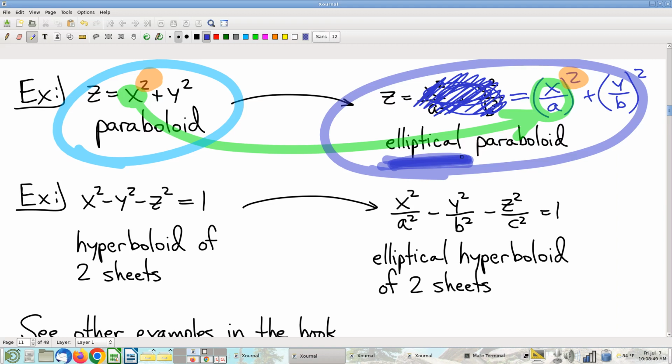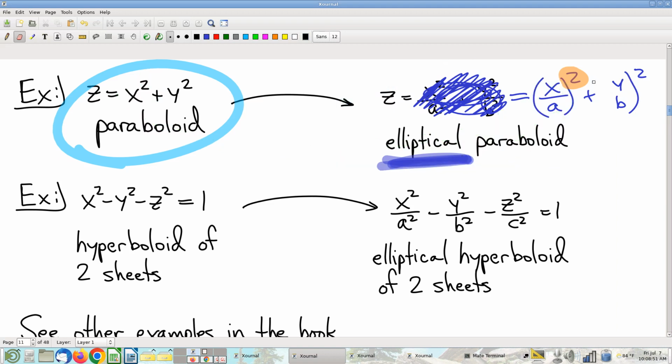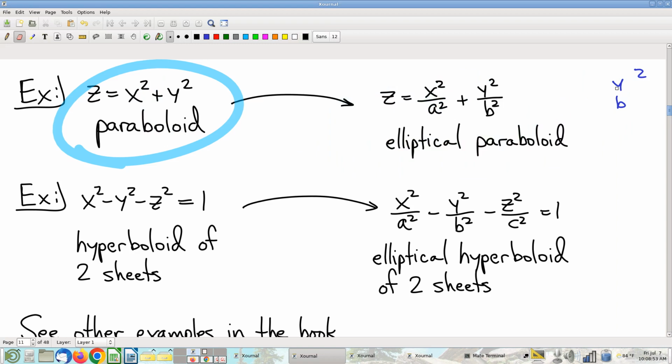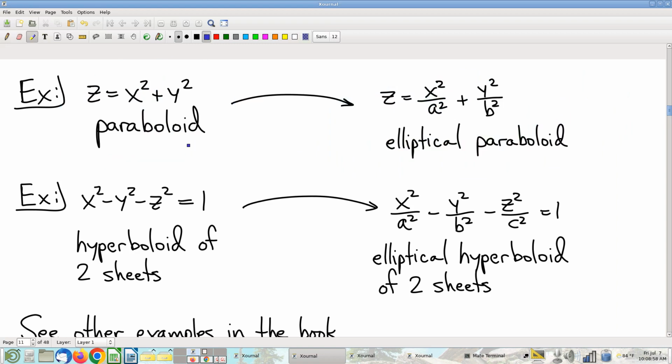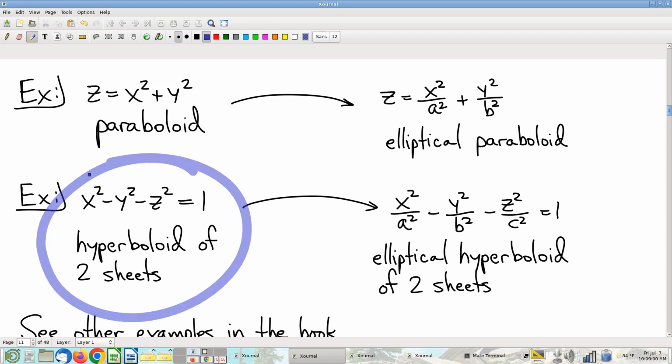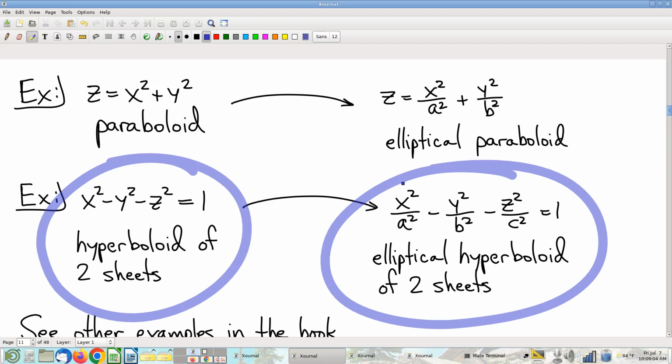Everybody good? All right, real easy to mess that up. So heads up, be careful. Likewise, here, our already established hyperboloid of two sheets gets stretched out in various different directions. This is called an elliptical hyperboloid. It's a mouthful of two sheets.